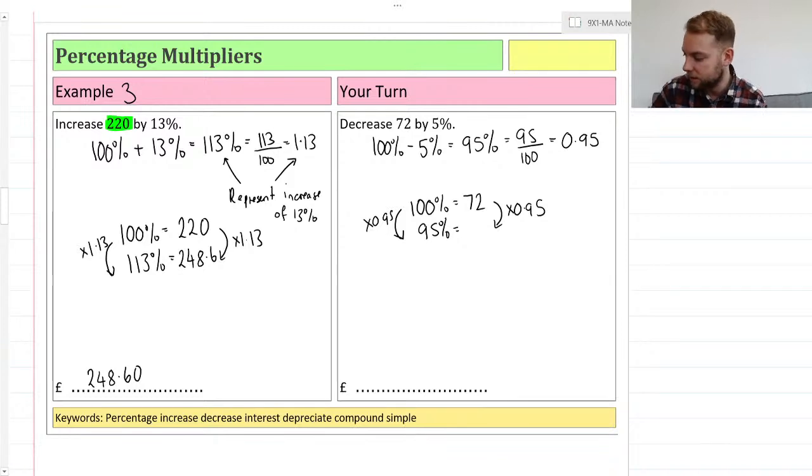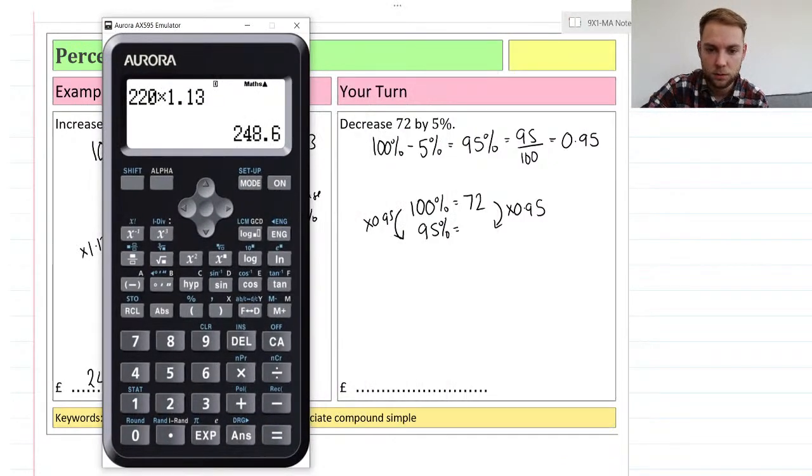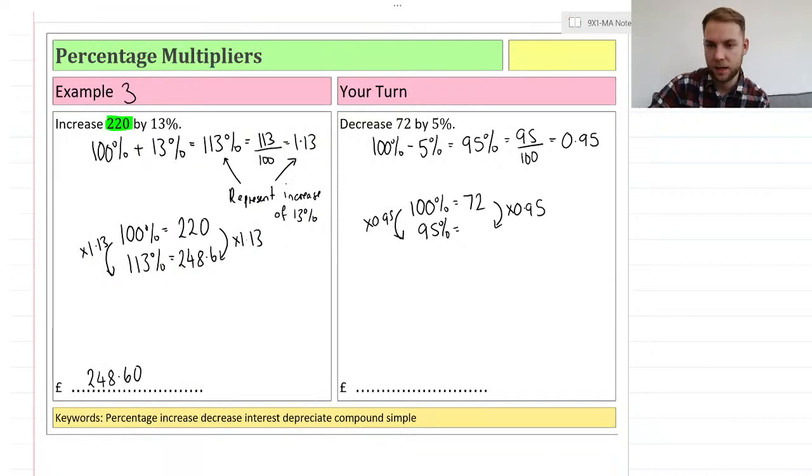Let's do that on the calculator. 72 times by 0.95 is equal to 68.4, which is £68.40. Brilliant.